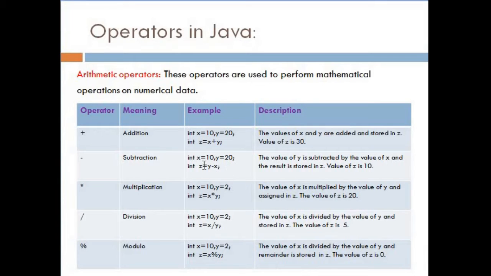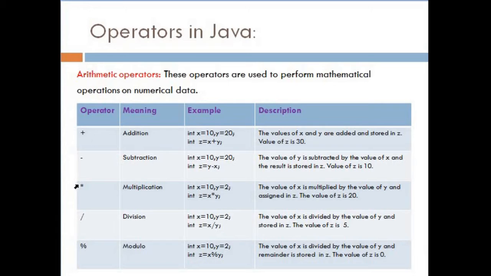So 10 shall get stored in this variable z after performing the operation. This is clearly written here. The value of y is subtracted by the value of x, which shall give 20 minus 10, and the result produces 10. So 10 shall get stored in the variable called z.